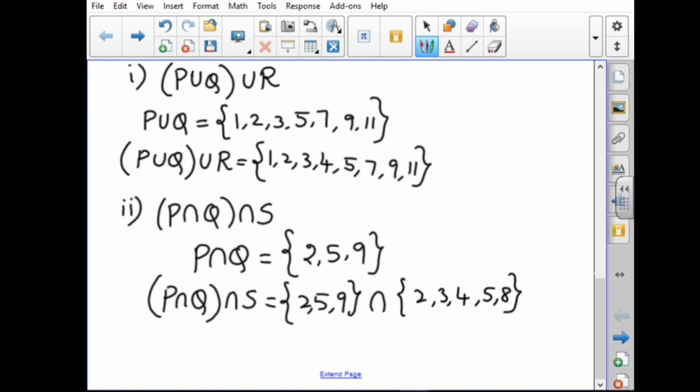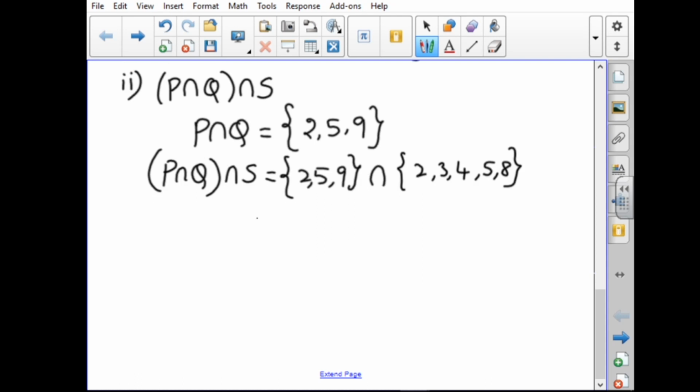So the common elements are 2 and 5. So P intersection Q intersection S is equal to {2, 5}.